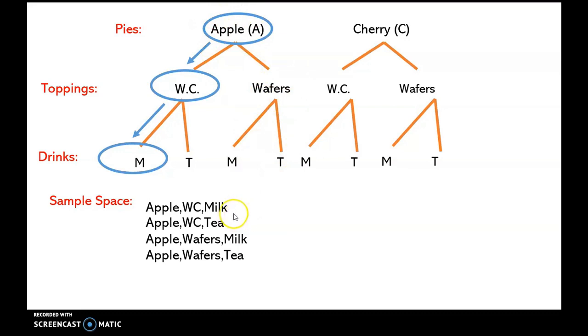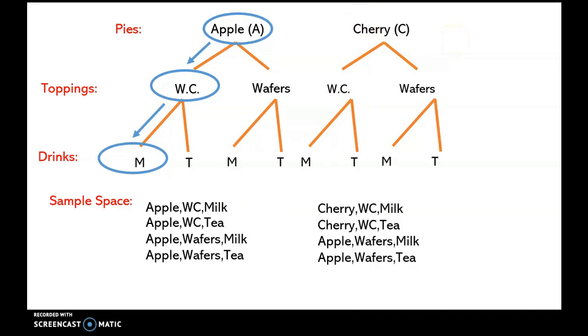And do the same thing with the cherry pie. And that is what we get. Now, notice we have 8 different possible outcomes here, which is the same thing as what we have earlier for the number of outcomes. So this is my sample space.